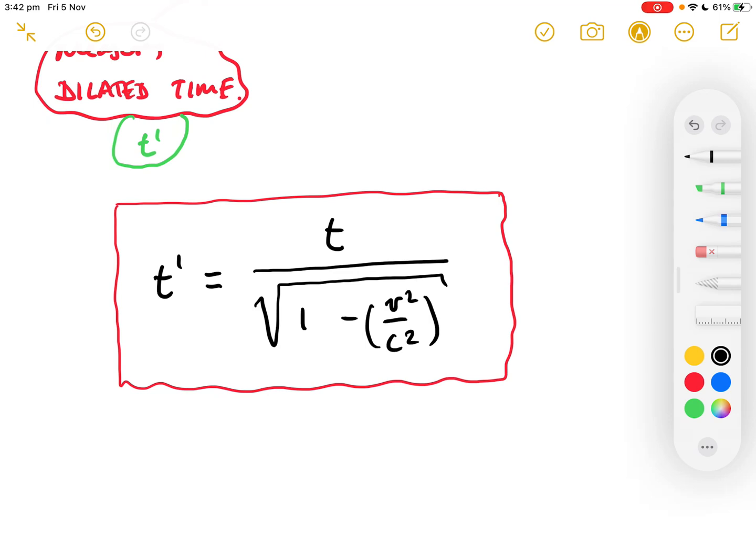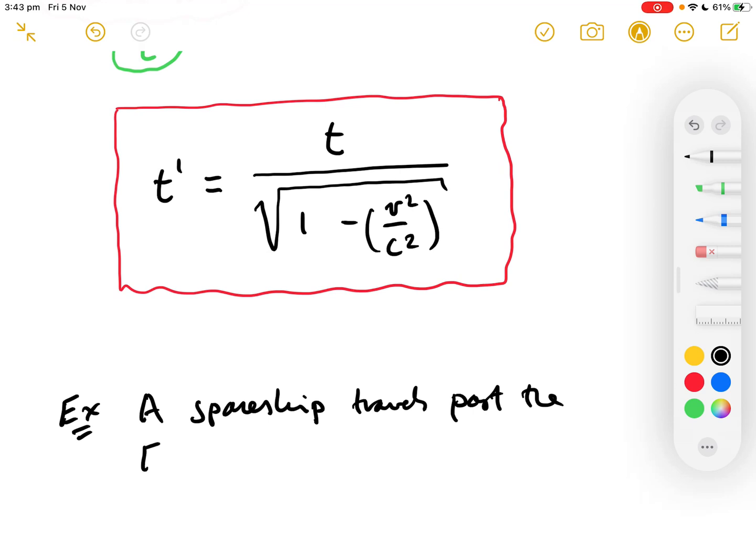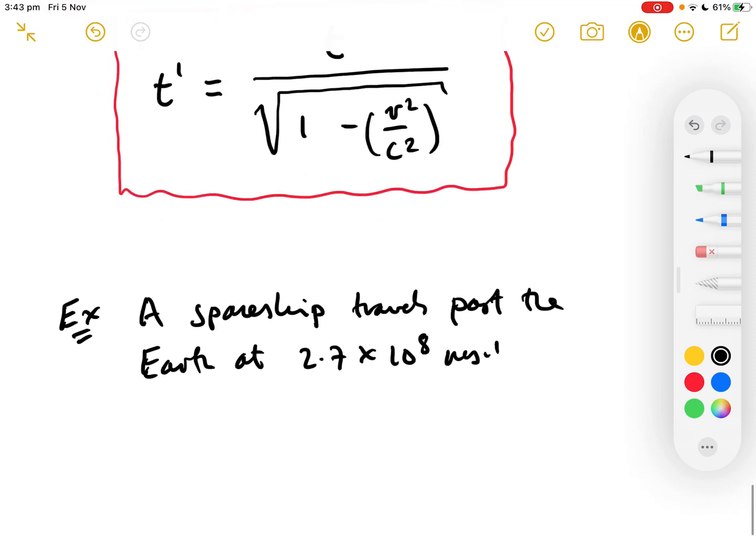So let's do an example on that. Here we go. A spaceship travels past the Earth at 2.7 times 10 to the 8 meters per second, so that's a relativistic speed.